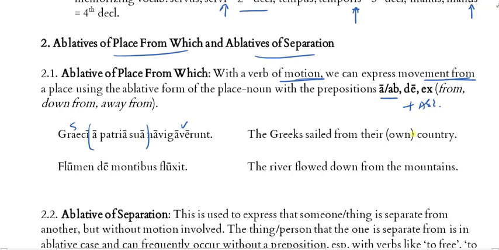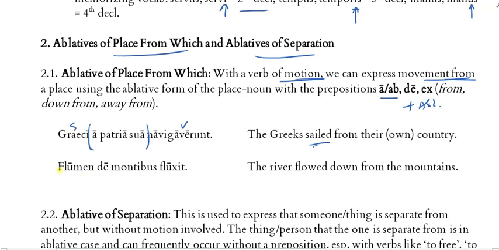So sailed is a verb of motion from the country their own. So from their own country. Remember, this is a reflexive form here. So verb of motion plus the ablative of place from which, the place from which they did this action, sailed.